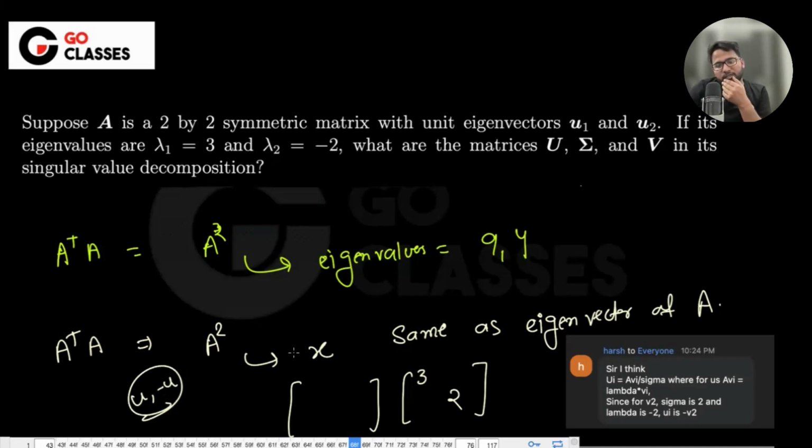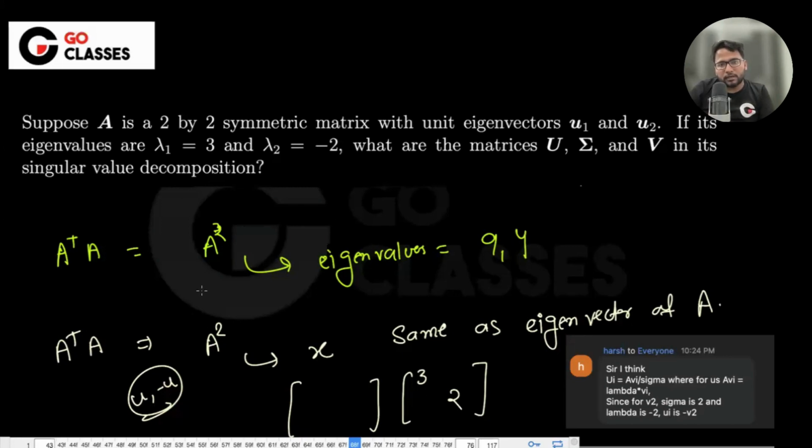But they have taken minus u. I think we can take any of these because both are eigenvectors. Most probably both should work. I mean, there are multiple SVDs actually for a given A, right? So most probably both should work.